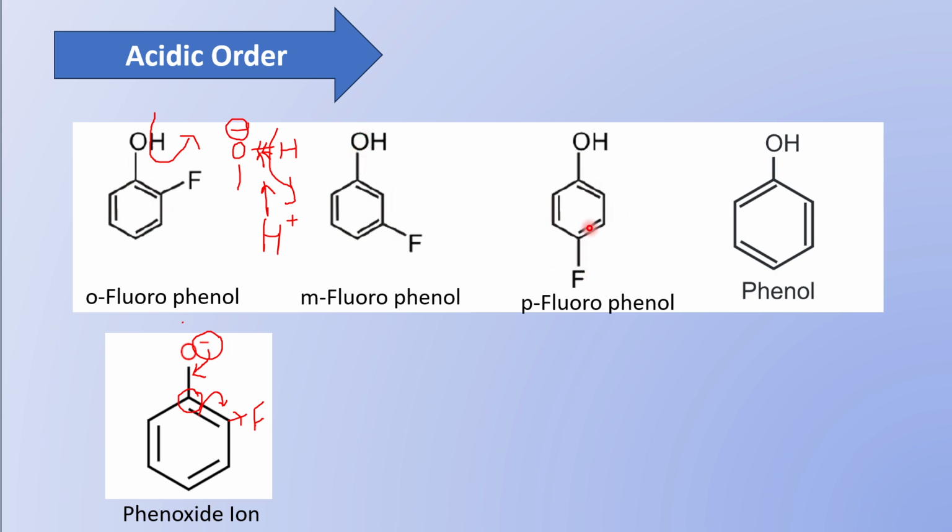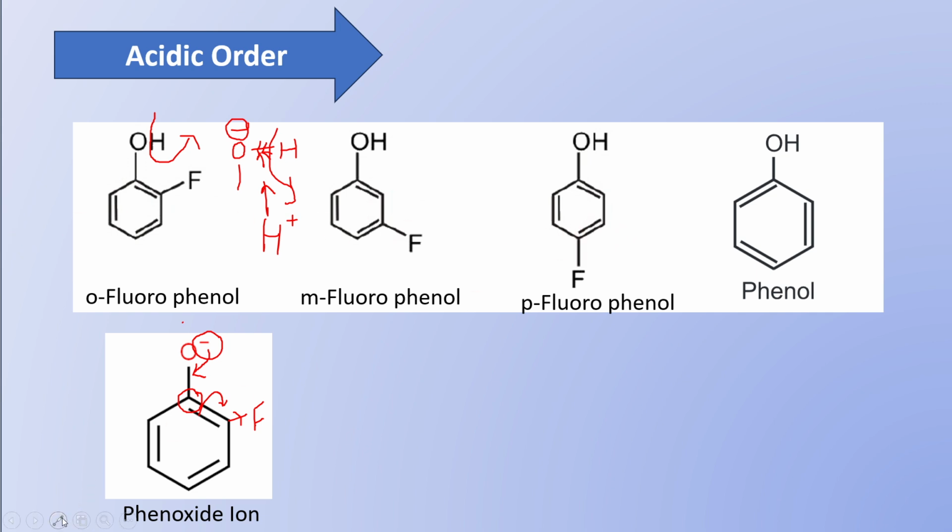And comparatively, when we go to parafluorophenol, it is going to pull the electron from the benzene ring, right? It is going to stabilize the electron cloud, but relatively much less as compared to orthofluorophenol. And this one over here doesn't have any electron withdrawing group or any electronegative atom attached to it, so it won't be able to stabilize as much as these three compounds.